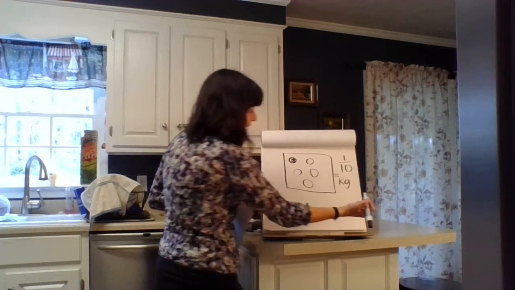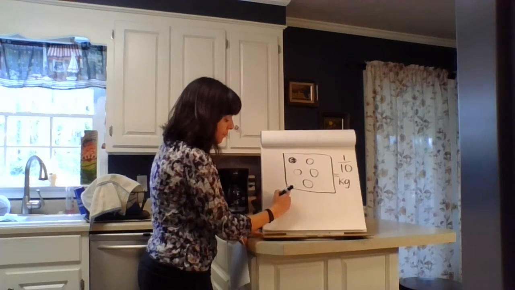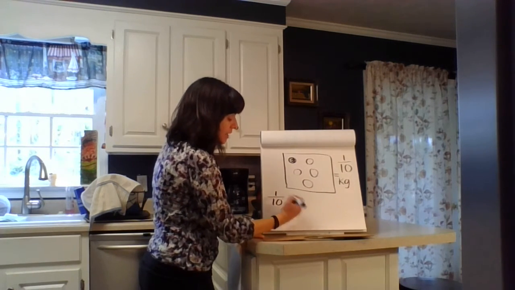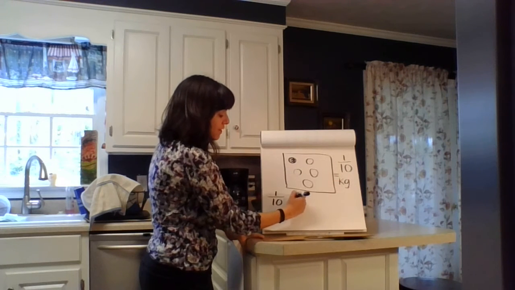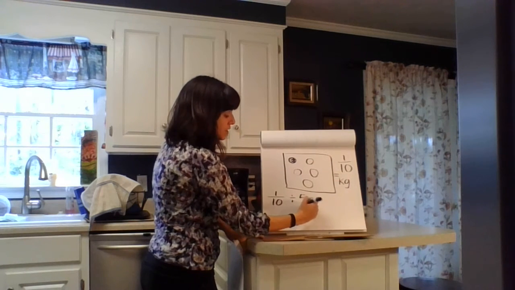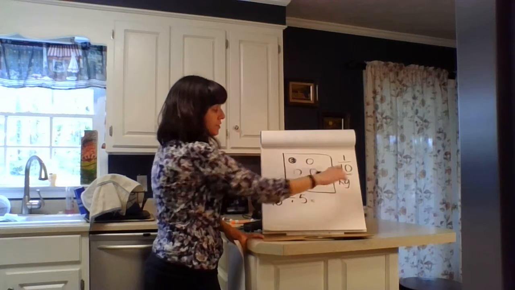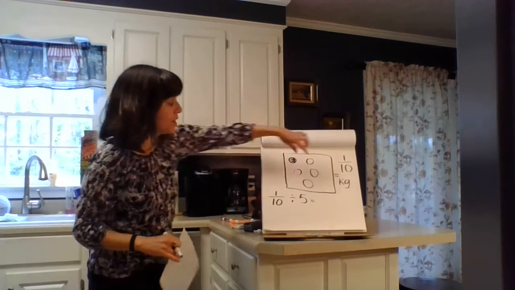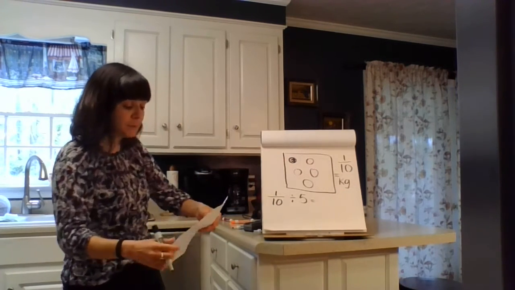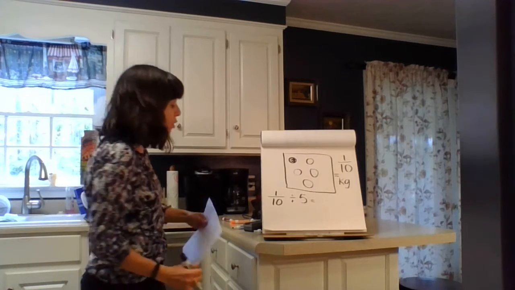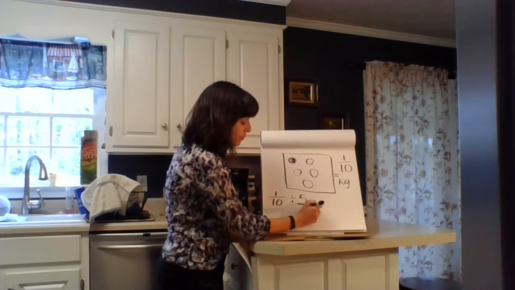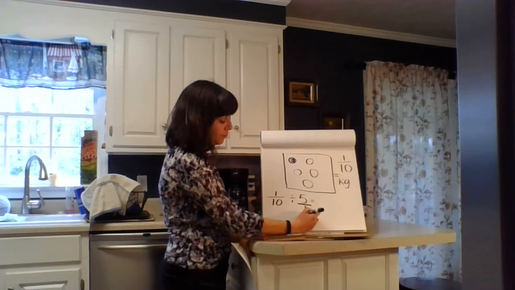So what we're doing is we're taking 1/10 for the whole box, and that is split between 5 cookies. So I want to find the weight of just one. So I want to take this 1/10 and split it between the 5 cookies because my question says, what is the weight of one cookie? When I multiply with fractions, first of all, I'm going to make this 5 a fraction.